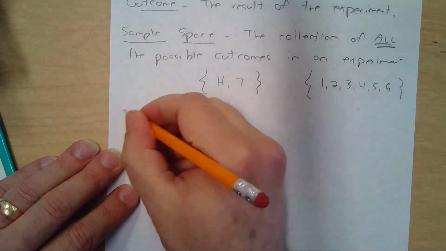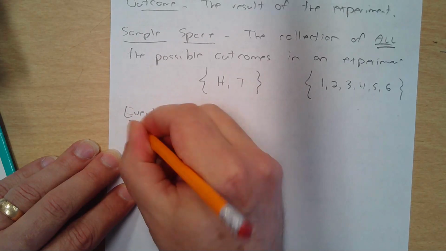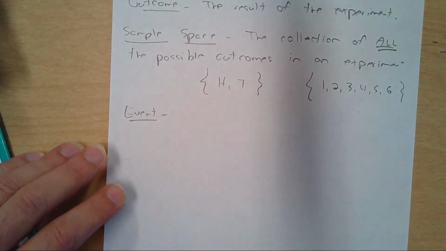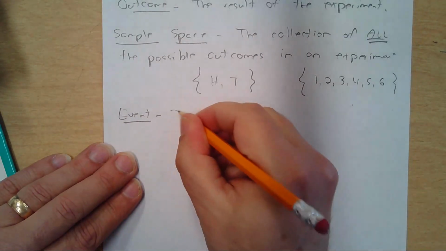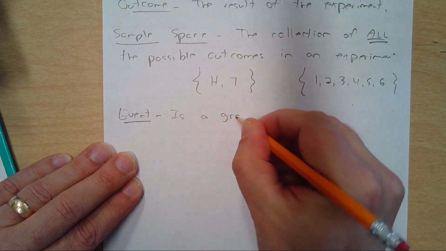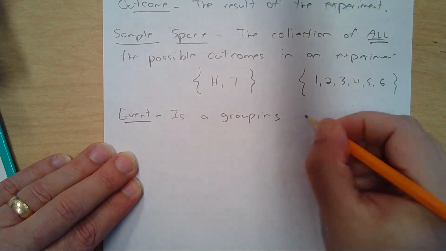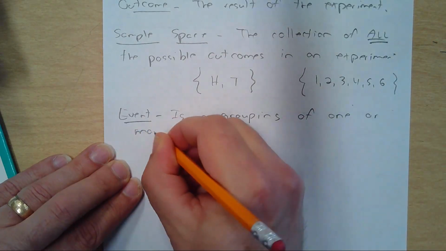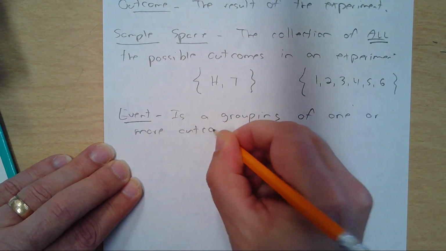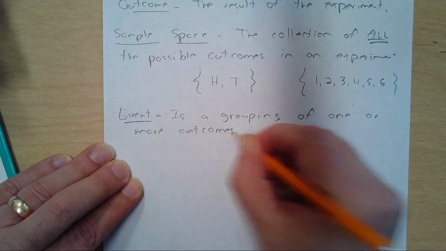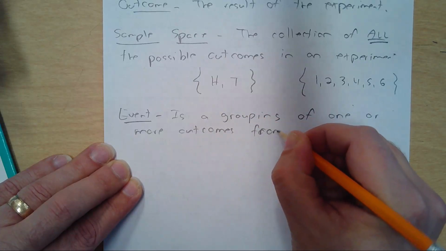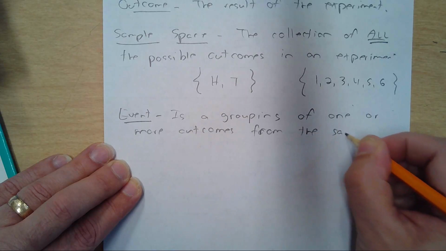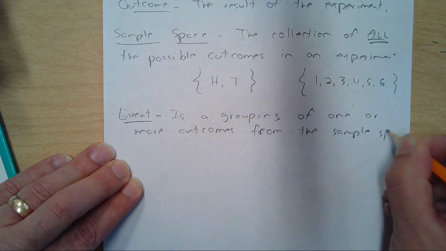All right. An event. Is a grouping of one or more outcomes from a sample space.